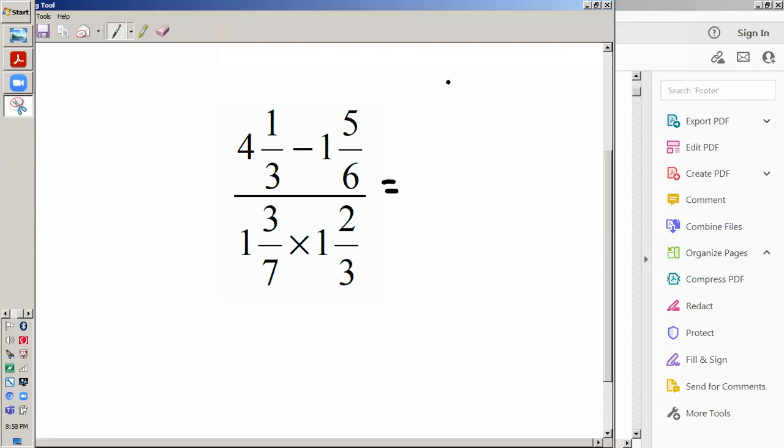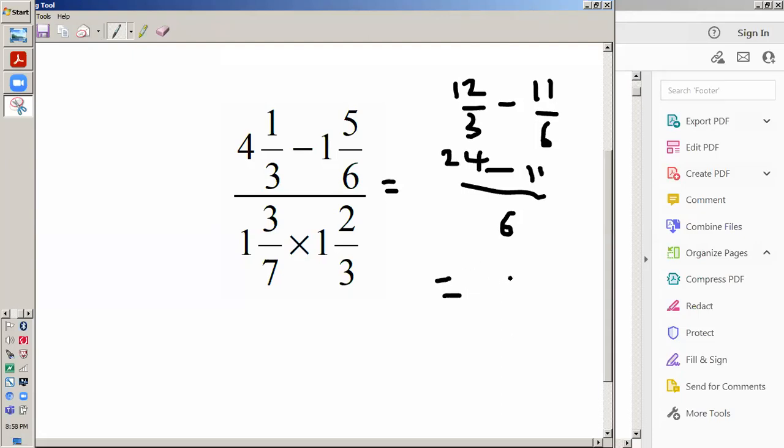So let me just quickly do this. This 12 over 3, subtract 11 over 6. LCM is 6. So that's 24, that's 11, that's 13. Am I correct? Sir, one question. It's 13, not 12.